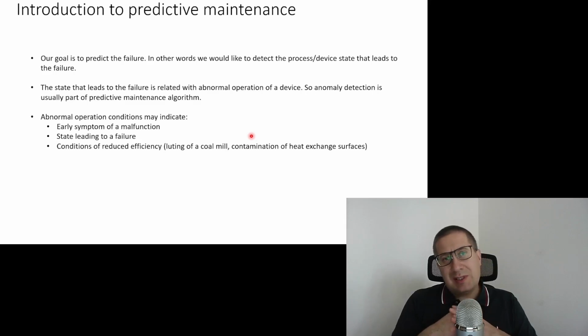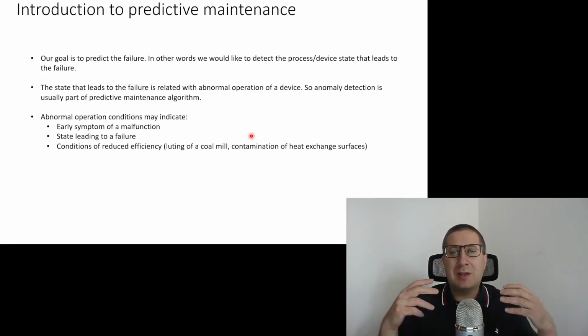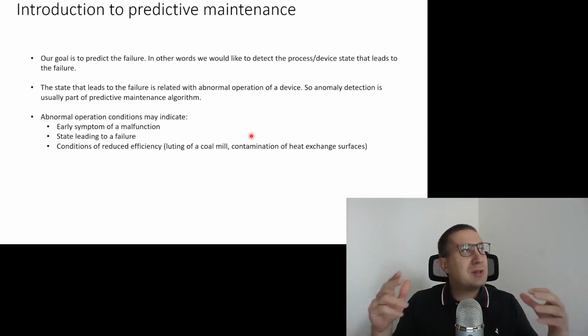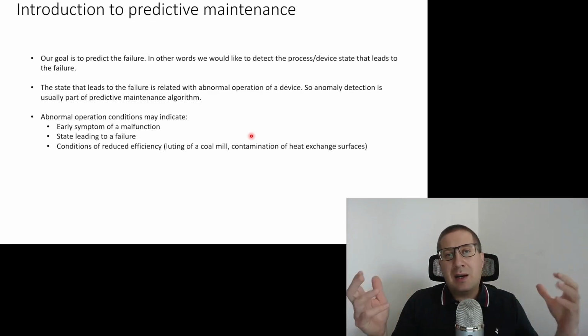Such a process state is usually associated with abnormal operation of a device. We were talking about abnormal operation in the last video. Such an abnormal operation is related with anomaly. So anomaly detection approaches, the algorithms that detect anomalies, usually are part of the failure prediction, right?